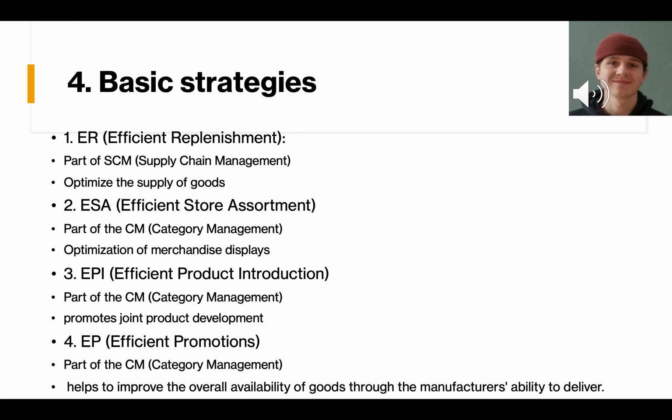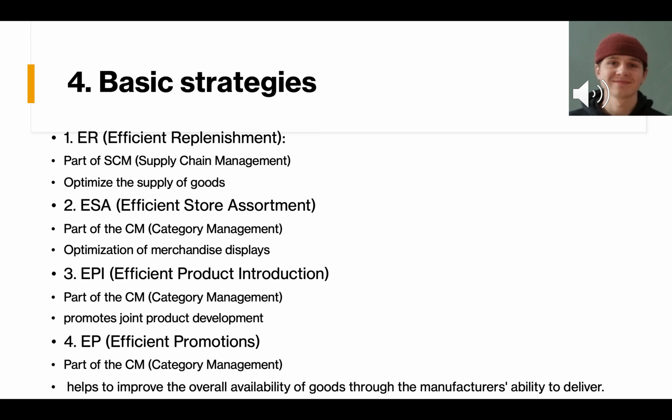Efficient product introduction promotes joint product development and introduction and is often used to establish private labels or retail brands together with manufacturers. Both partners benefit from the knowledge of customer needs.